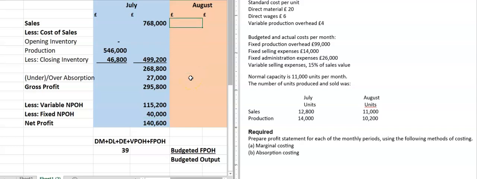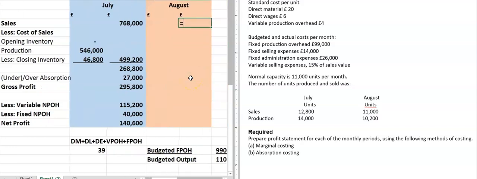You do the same thing here for the month of August, where the sales is 11,000 units into 60, the selling price. Then less cost of sale. Do you have any opening inventory? Yes, as usual, as we did in our previous question, the previous way of calculating in marginal costing.